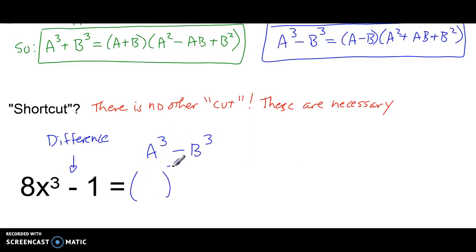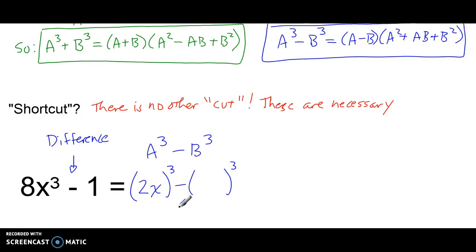There has to be something to the third minus some other thing to the third. So this is like taking square roots, but you're taking cube roots. You're trying to figure out something to put here that when you cube it, you'll end up with 8x cubed. So that's 2x. 2 times 2 times 2 produces 8.